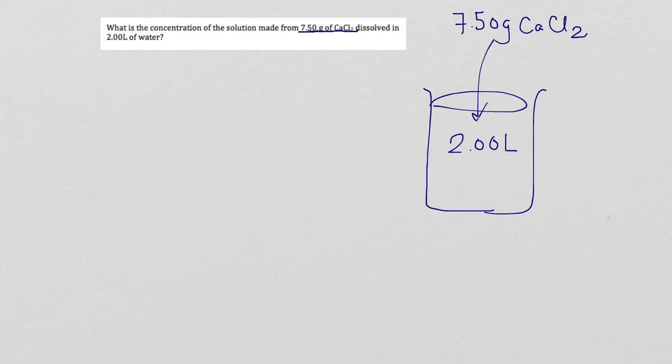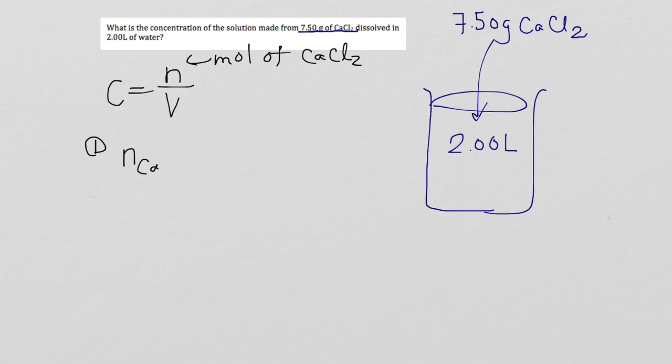Okay, so using our equation, C equals n over V, and again, this n is moles of solute, so moles of CaCl2, meaning that our first step is actually to calculate moles of CaCl2.